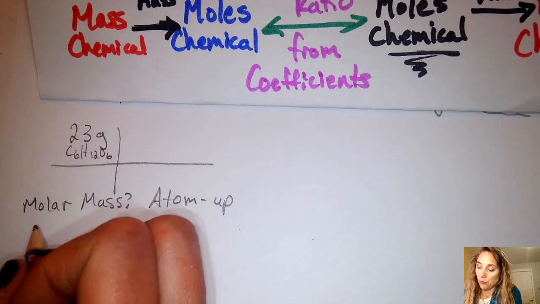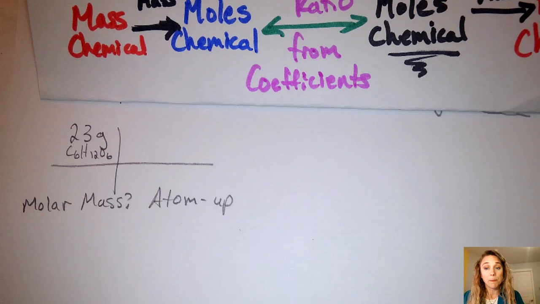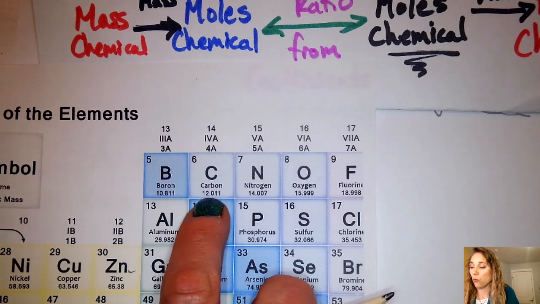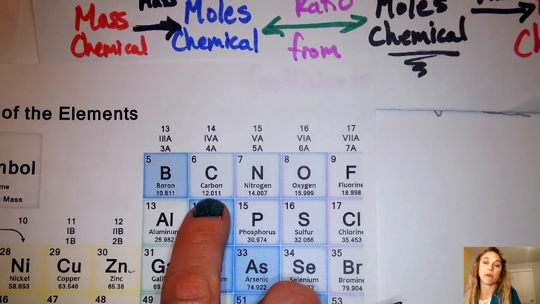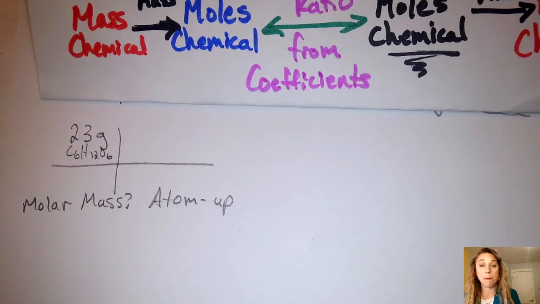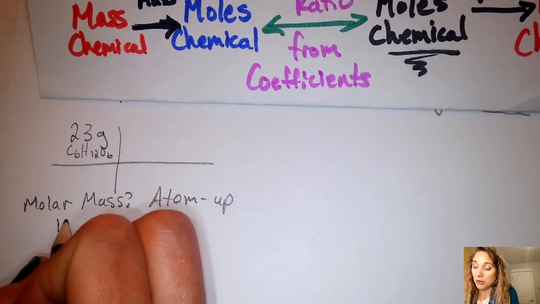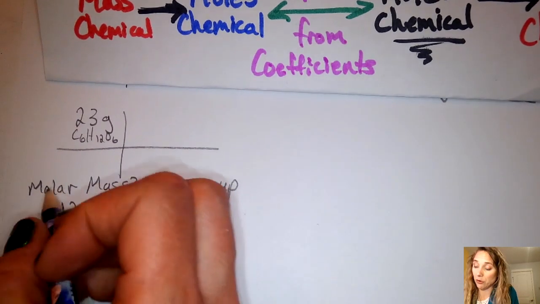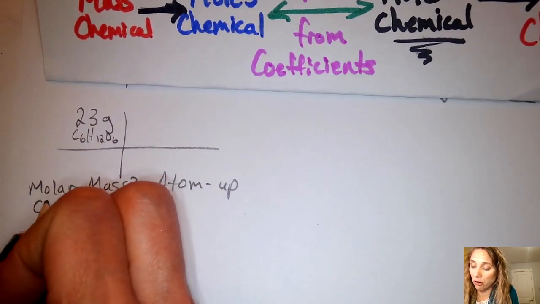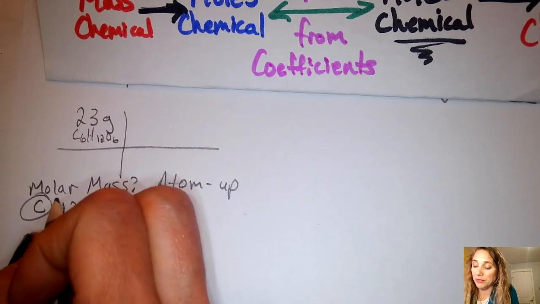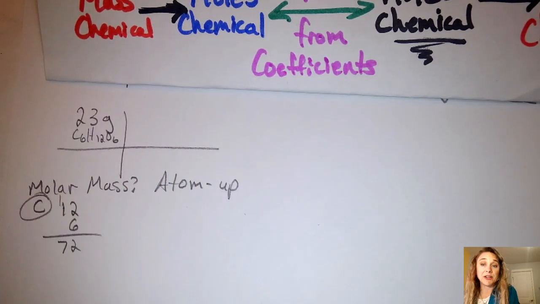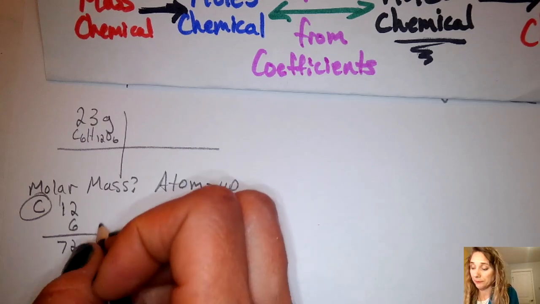We know from the periodic table that one atom of carbon weighs approximately 12 grams, 12 grams per 1 mole. But we have 6 carbons, so we take 12 for the carbons, multiply it by 6, and you get 72 grams for 1 mole of those 6 carbons.